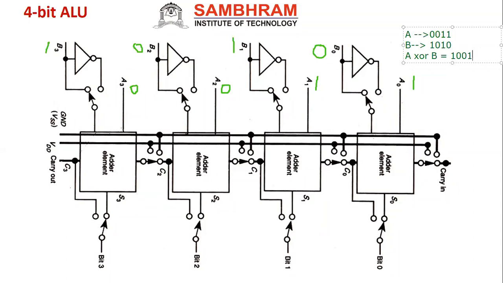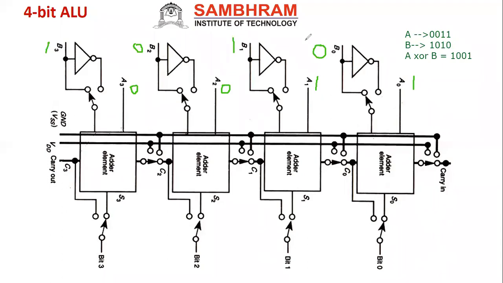So now how to perform the A XOR B operation? As per the previous case, when we get XOR, CK minus 1 is equal to 0. This is the sum, bit 1, bit 0, all our sum is there. So the same 4-bit adder only, we made some small modification here. Now you see what I should do.